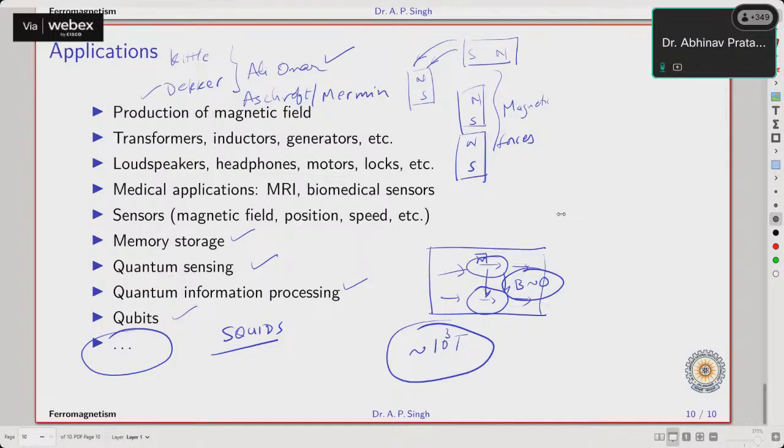Due to Lenz's law, those changes create a very, very tiny signal, and that tiny signal can be used to calculate the magnetic moment of that particular material. So this is a very good comment that he or she has made. Okay, thank you, sir.